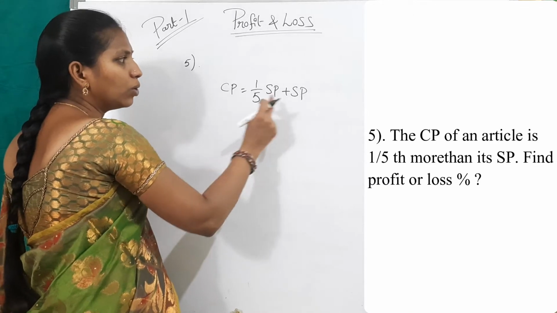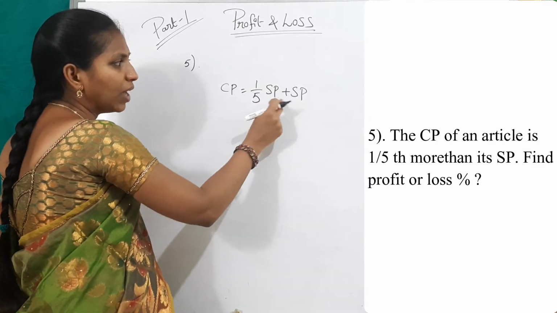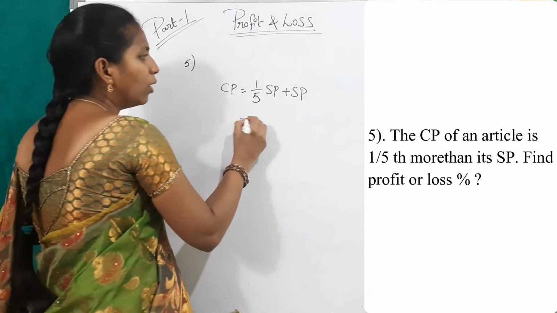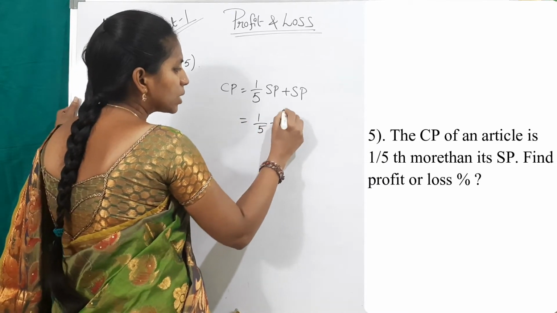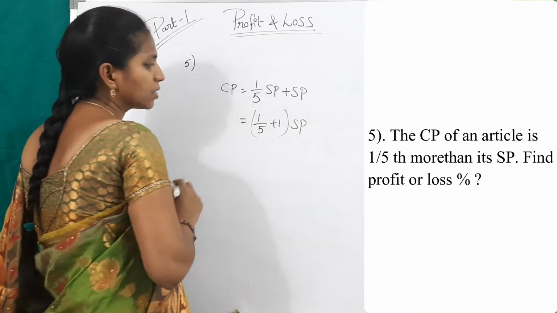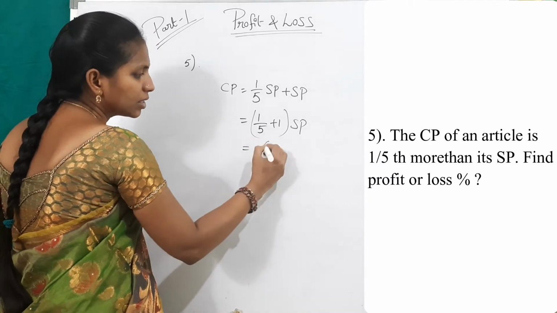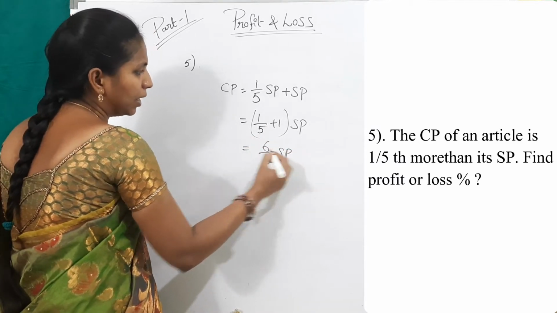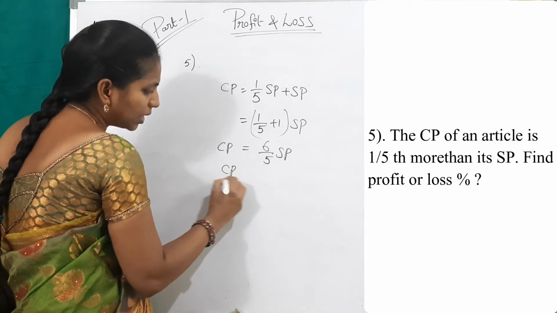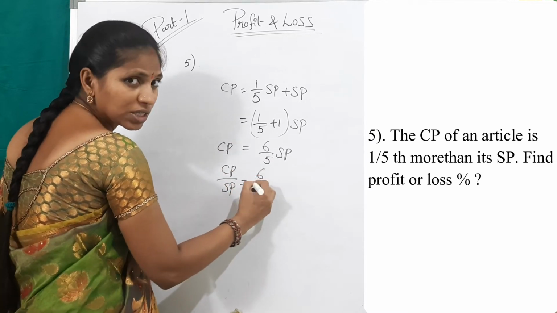Here CP equal to SP plus 1/5 SP. Now 1/5 plus 1 SP, selling price. Then here 6/5 SP.